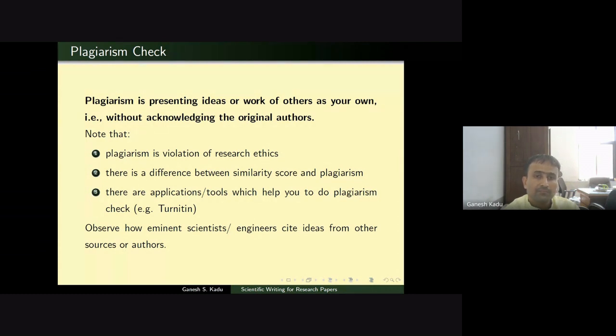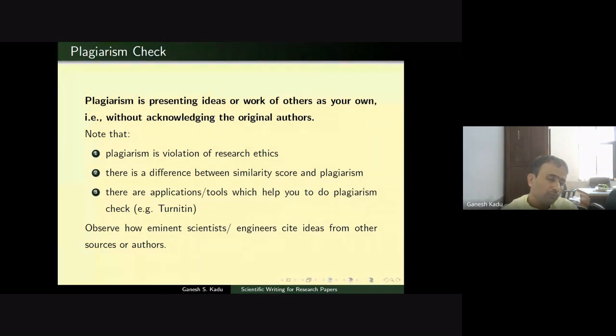So, for instance, I am working at Pune University, and if tomorrow I'm found copying someone's work and making a paper out of it and publishing it somewhere, then that's called plagiarism.